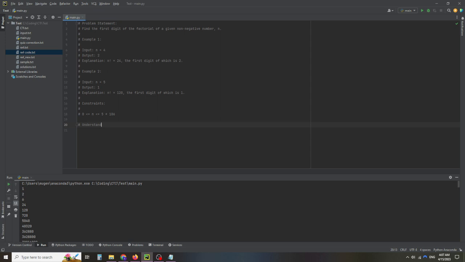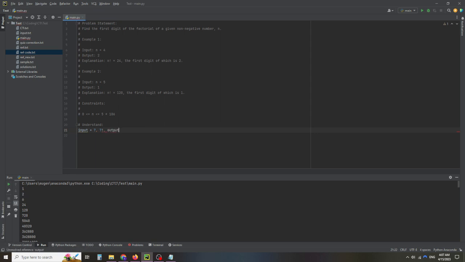if I do 6 factorial, what is that? That's 720. That means I need to return 7. So the input will be 7. That means I'm looking for 7 factorial.